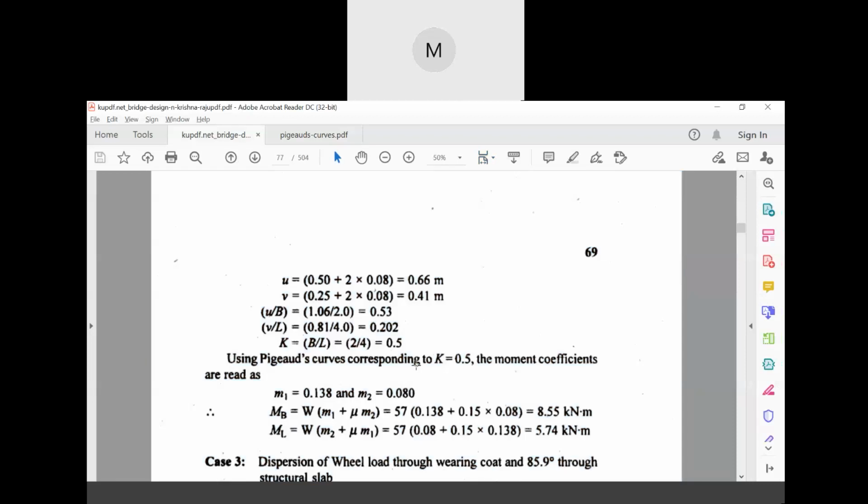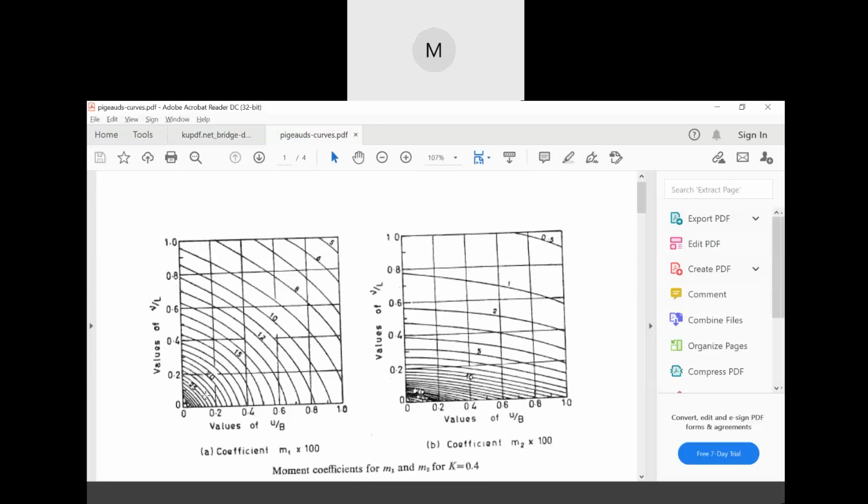Small m1, 0.138. Now for 0.138, look, 0.202 and 0.53. Now 0.53 will be somewhere here and 0.202 will be somewhere here.